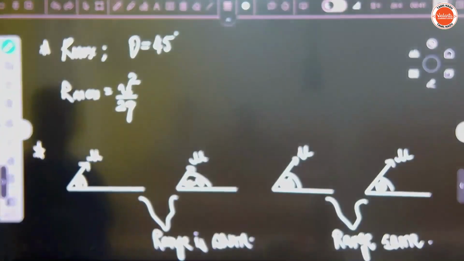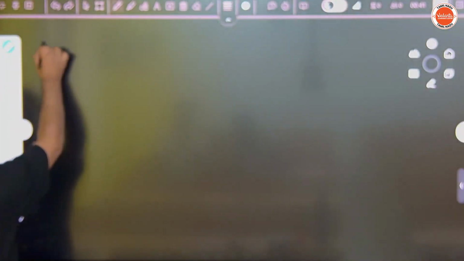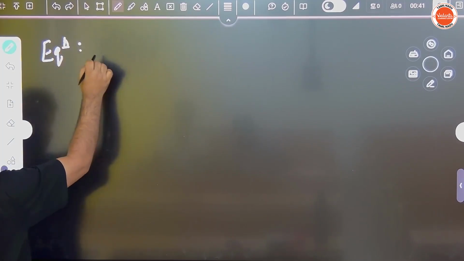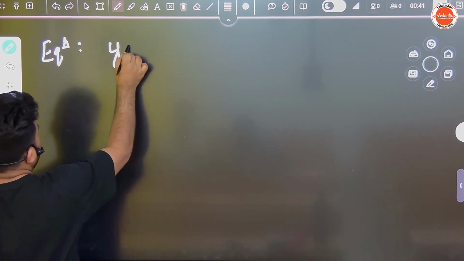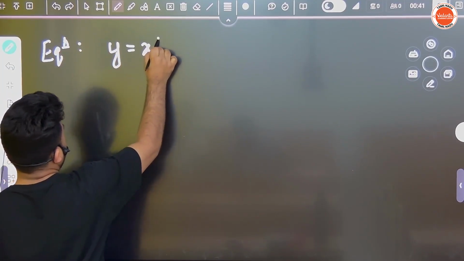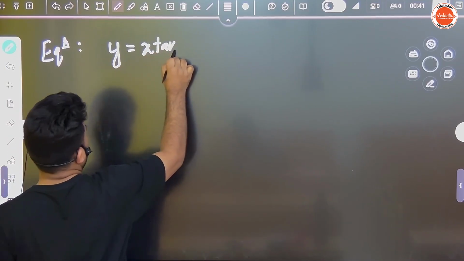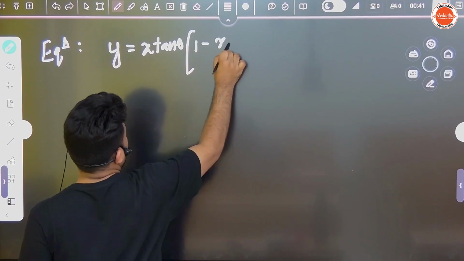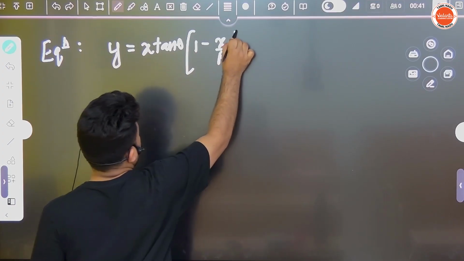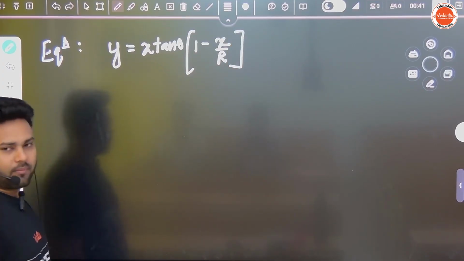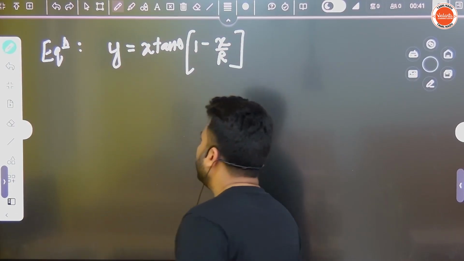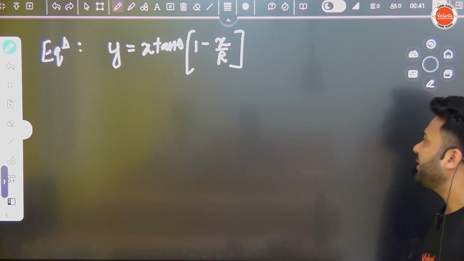If they ask what is the equation of projectile motion, always remember y equals x tan theta into 1 minus x by R. This is the equation of the projectile motion. y equals x tan theta (1 minus x by R).